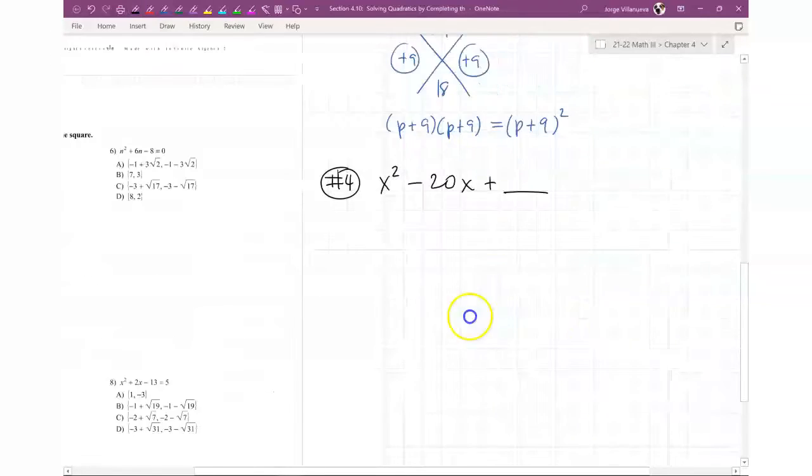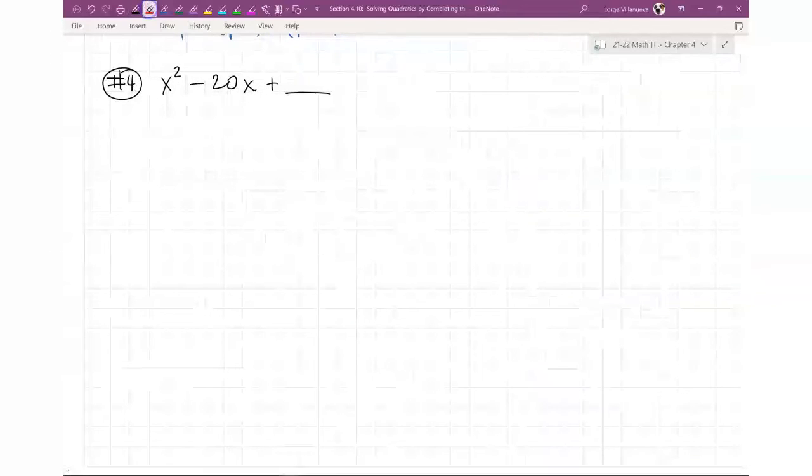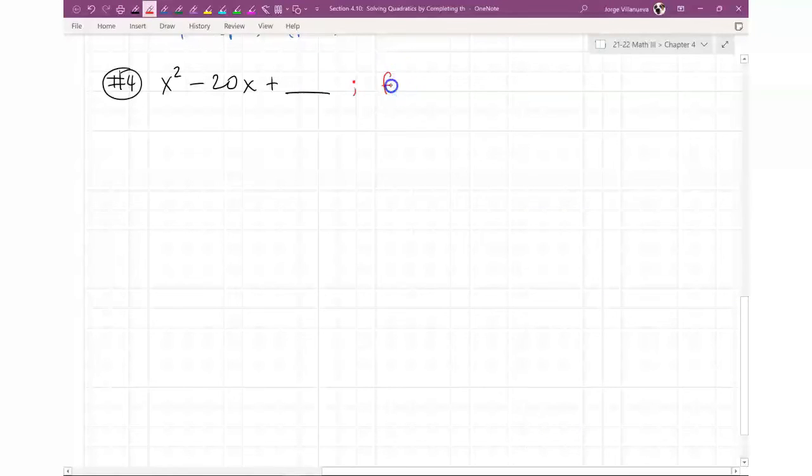And it's going to be the same instructions, okay? Fill in the blank. Factor.